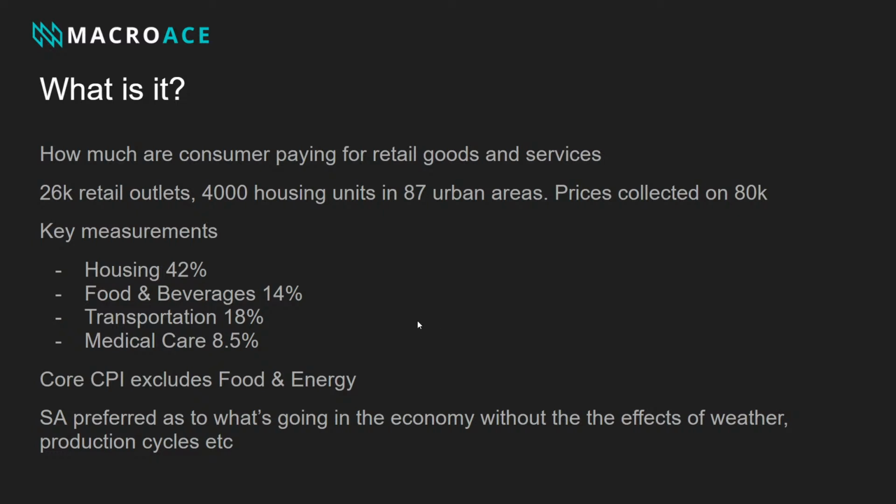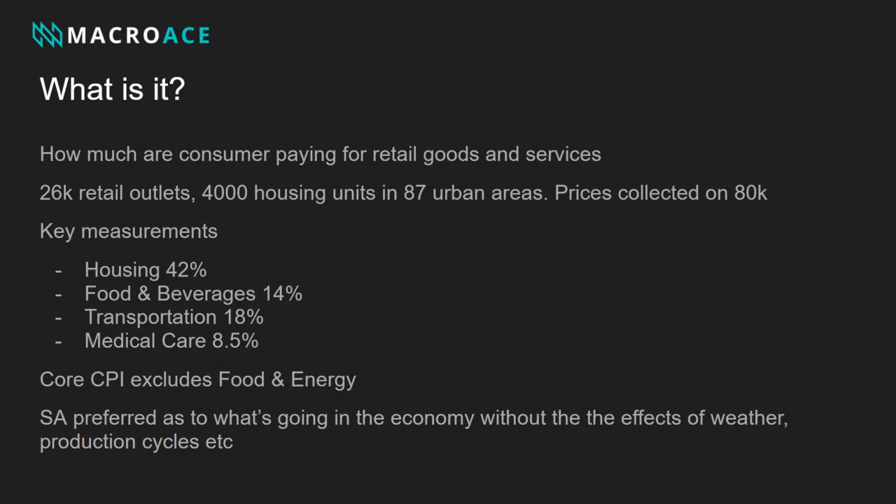The seasonally adjusted figure is the month-to-month data for the CPI, core CPI and CPI month-to-month is the preferred data. Seasonally adjusted basically gets rid of the effects of, say, weather patterns changing, or different production cycles, maybe there's a lot less production going on, or a lot more, in that particular time frame within the year.